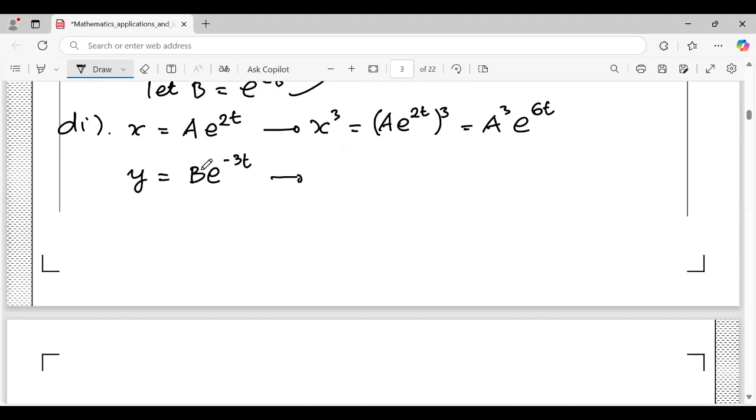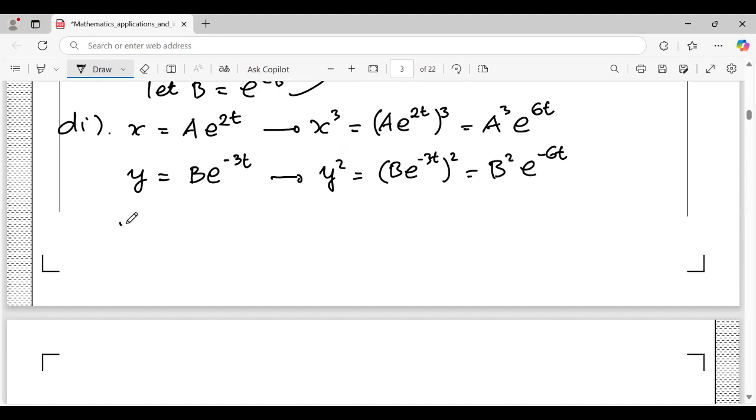And y squared is b e to the power minus 3t, squared, so it's going to be b squared e to the power minus 6t.